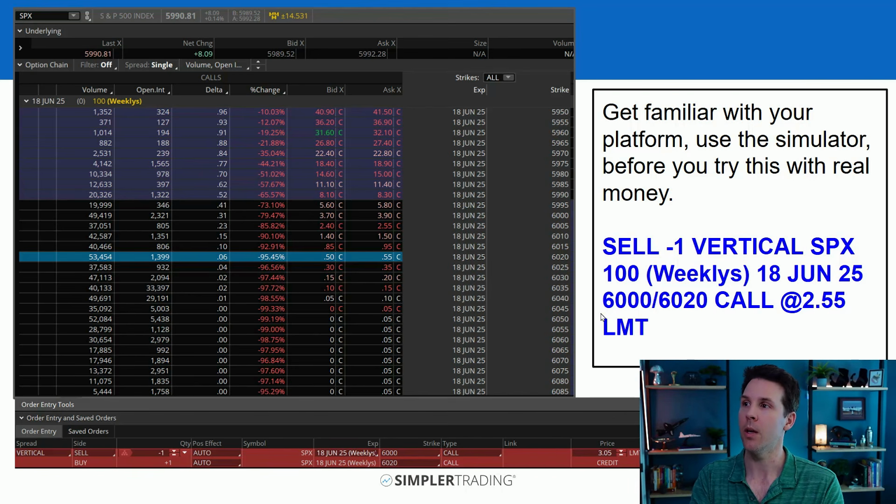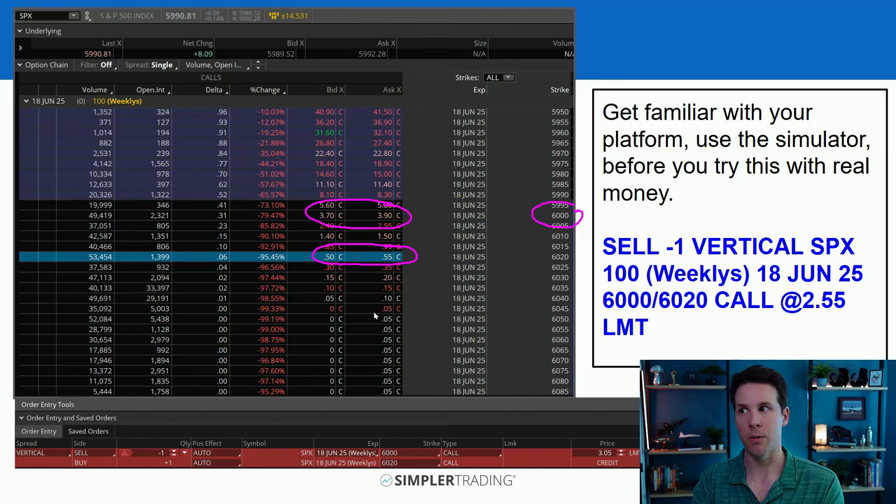So in this case, we're selling a 6,000 strike call, and we're buying a 6,020 strike call in order to limit our risk. And we're selling it for $2.55. That's basically the difference. So you see here, here's the 6,000 strike, and you can say, well, let's just say it's going for $3.80, and this one's going for 50 cents.